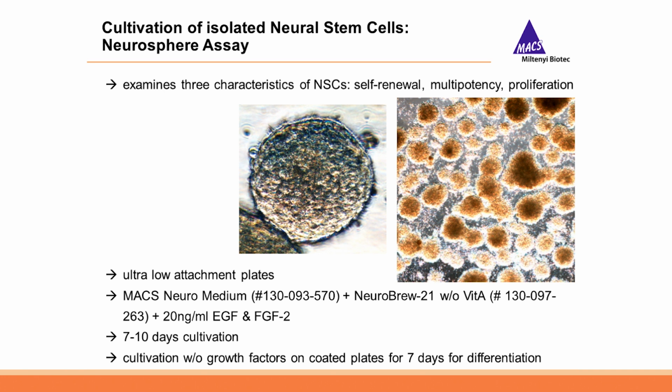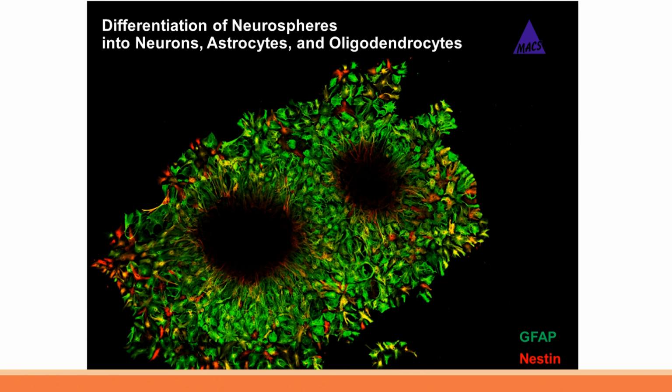For the differentiation, we then plated the neurospheres on poly-L-lysine-coated 24-well glass bottom plates without the growth factors. After 7 days of cultivation, we fixed the cells and subjected them to immunocytochemical analysis using the astrocyte-specific antibody GFAP and nestin in that case.